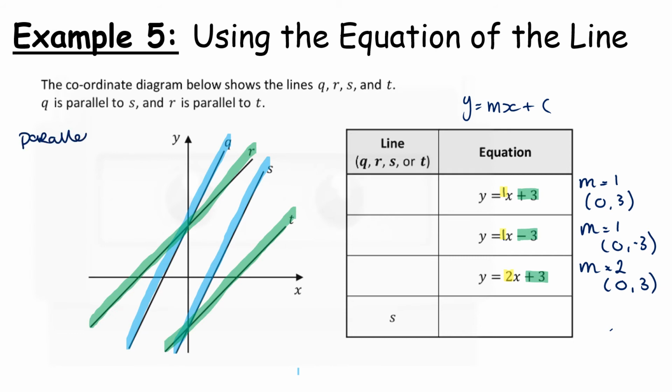Parallel lines, same slopes. So we know that we're trying to match everything except S.